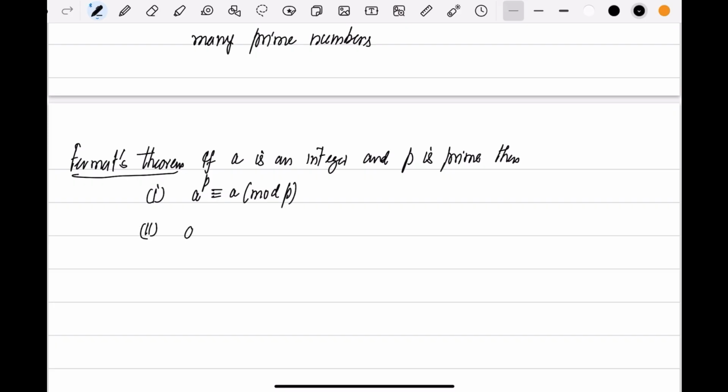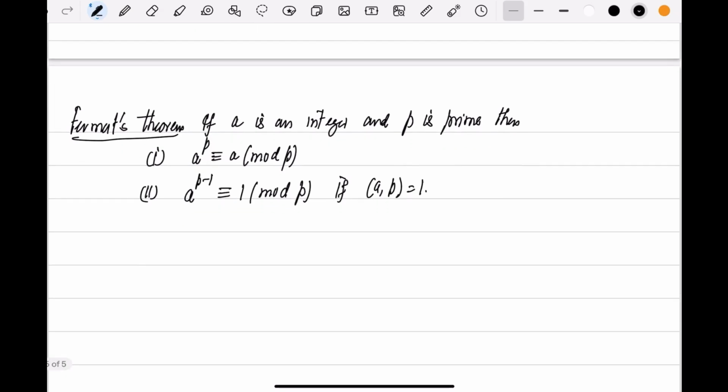And the second one is a power p minus 1 is always congruent to 1 modulo p, but here we have a condition: a and p are relatively prime. So this is Fermat's theorem.